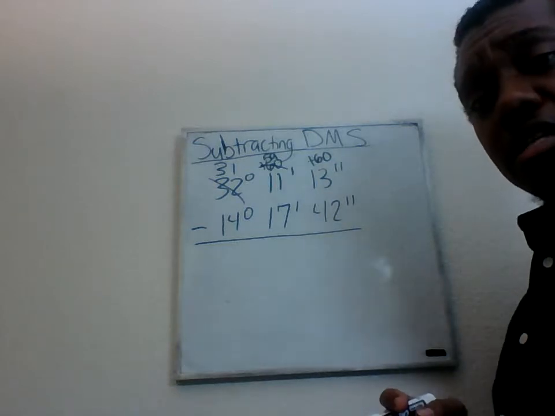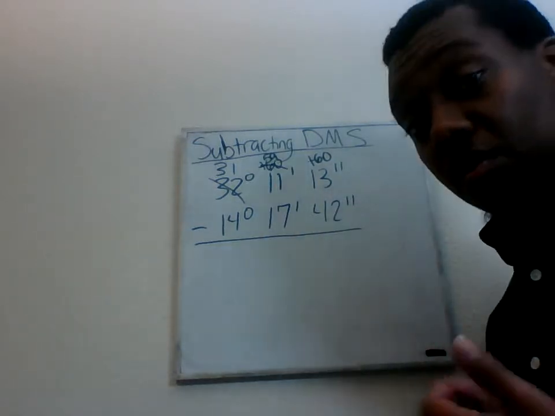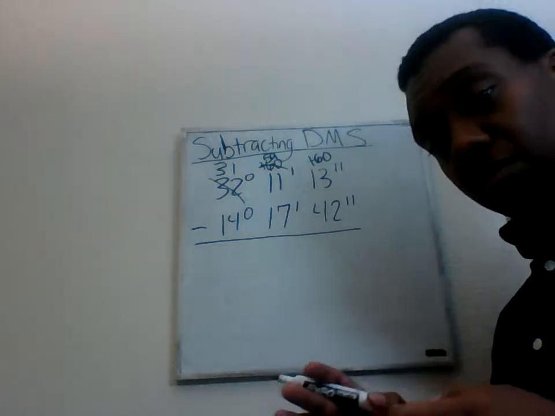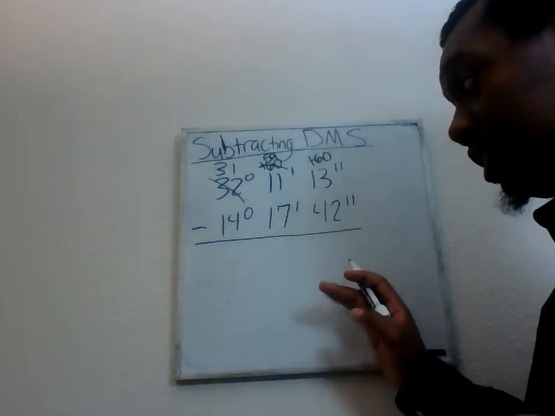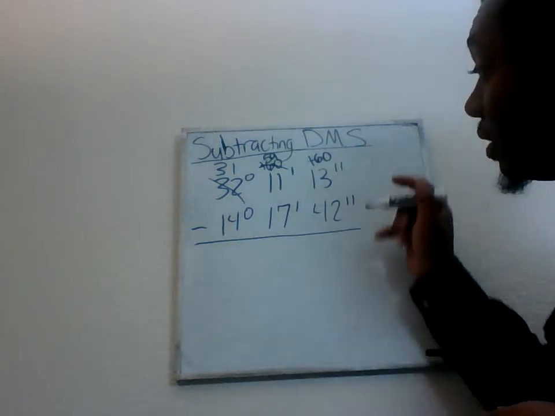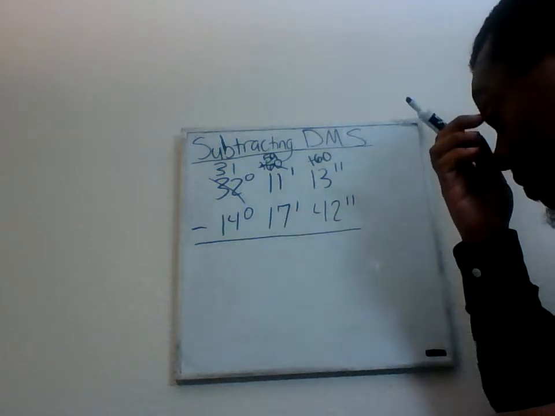And that doesn't seem right, but that's okay because in this case I'm about to subtract it. So that's fine. We'll see that our answer will not be over 60 in each category. So we got 60 plus 13 minus 42.